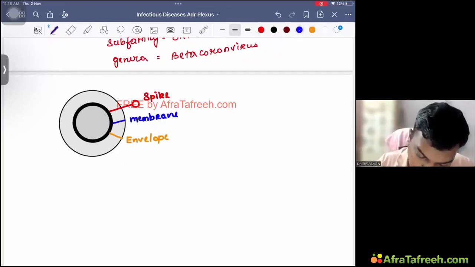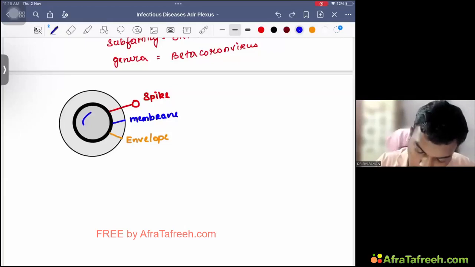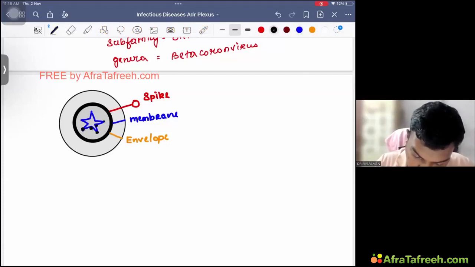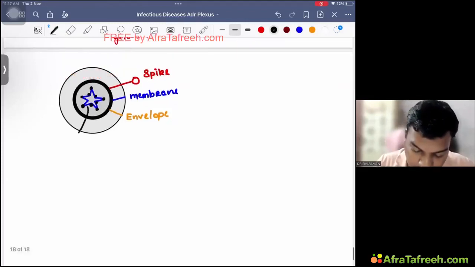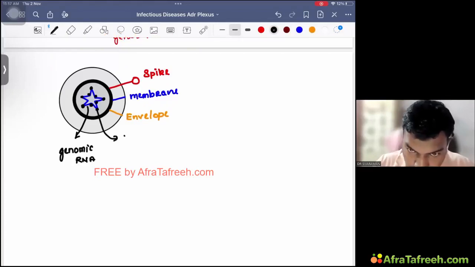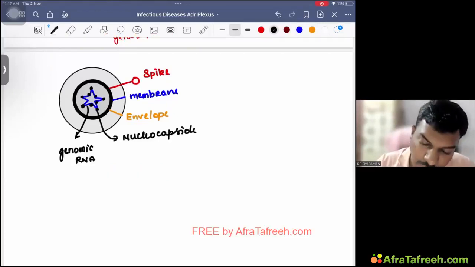Inside we have a star-shaped structure which contains genomic RNA, and here we have the nucleocapsid. It has a lot of spikes like this.